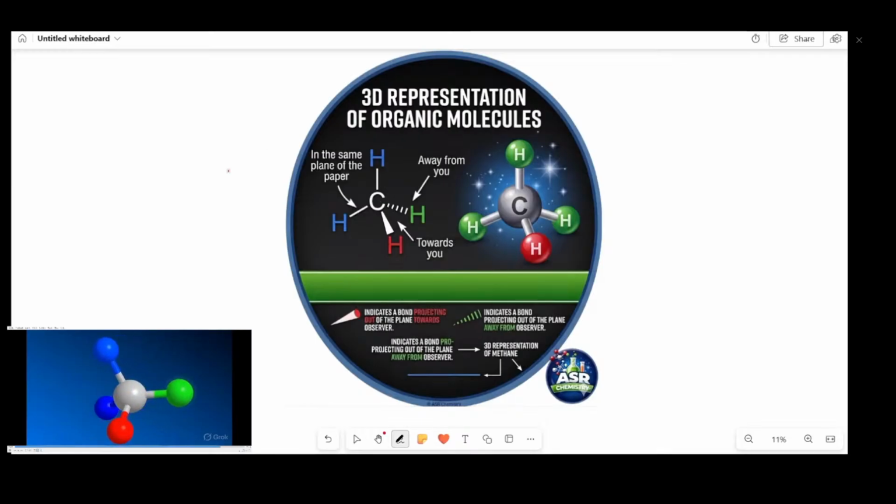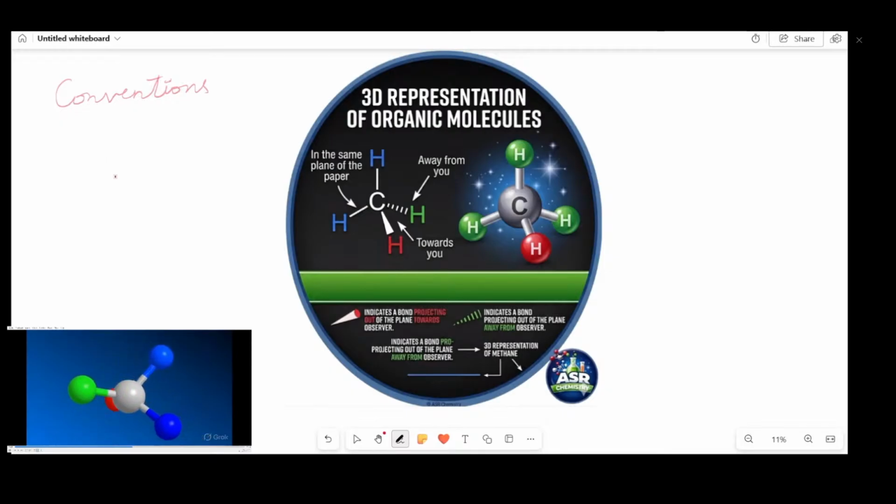So the 3D structures of an organic molecule can be represented using certain conventions. What are those conventions?